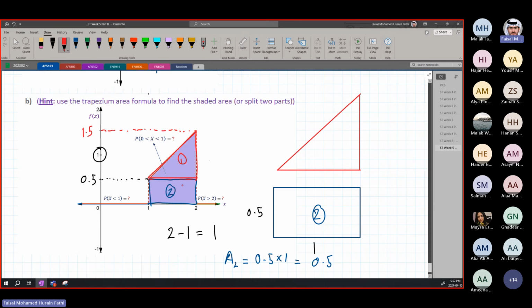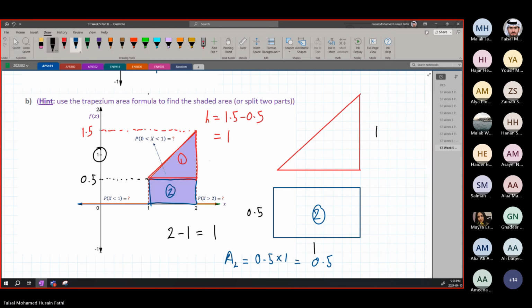So the triangle's height is starting from 0.5 up to 1.5. So the height is equal to 1.5 minus 0.5, which is 1. All right. Again, it is starting from 0.5 and ending at 1.5. It's not starting from 0, so it's not just 1.5. It's going to be 1.5 minus 0.5, which is 1. So we have found our height to be 1 over here.